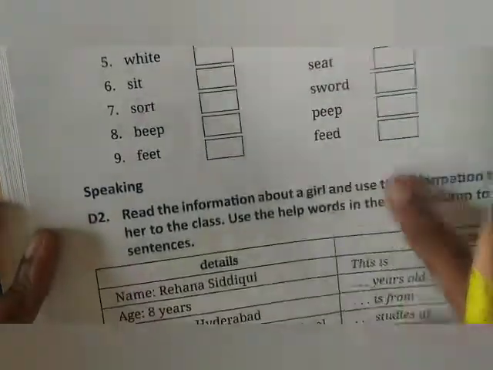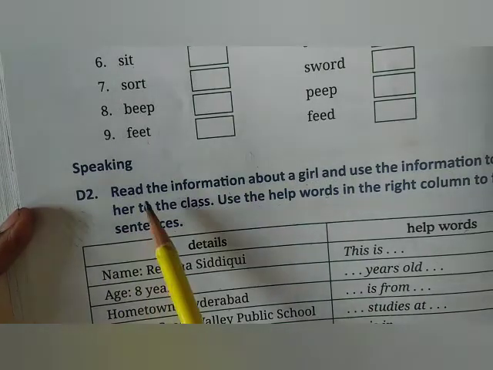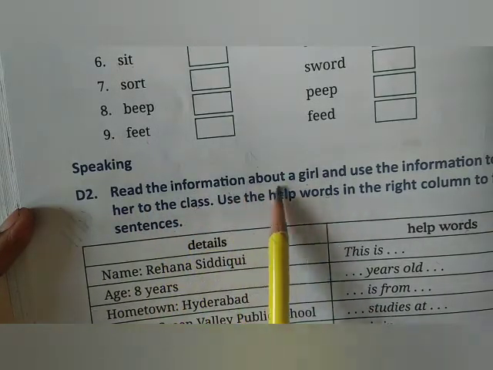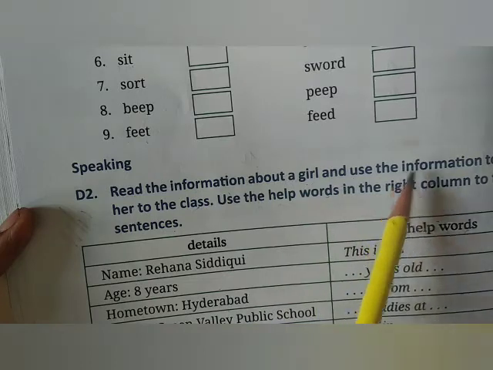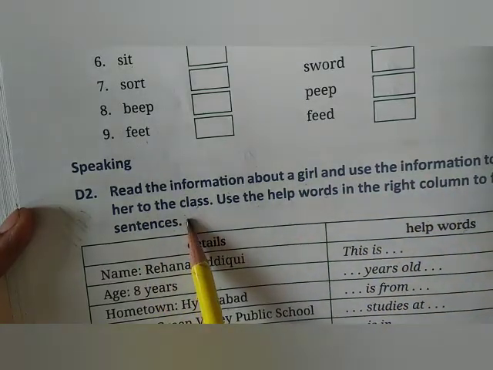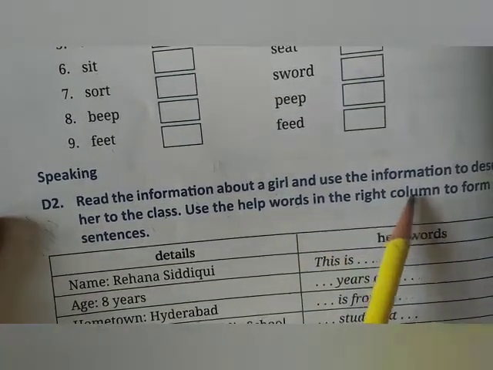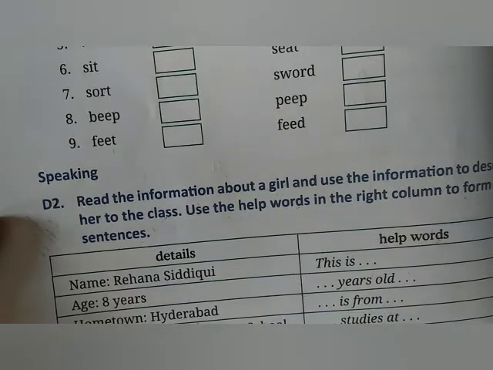Okay? And here is D2, speaking. Read the information about a girl and use the information to describe her to the class. Use the help words in the right column to form your sentences.